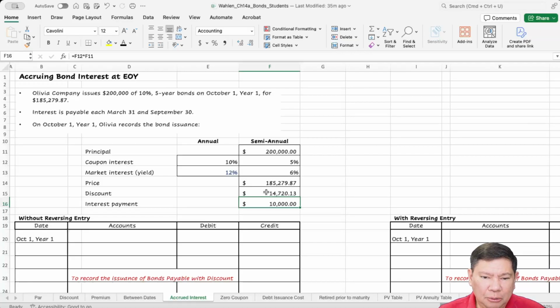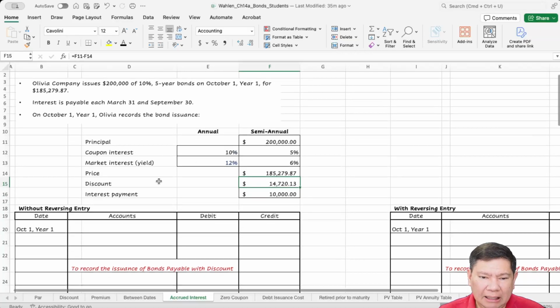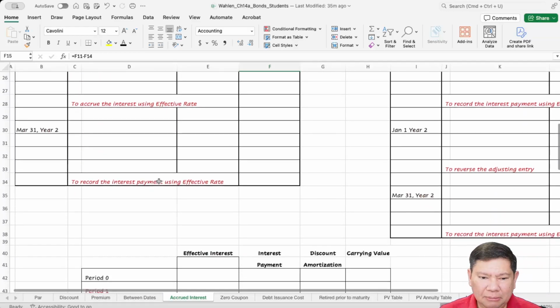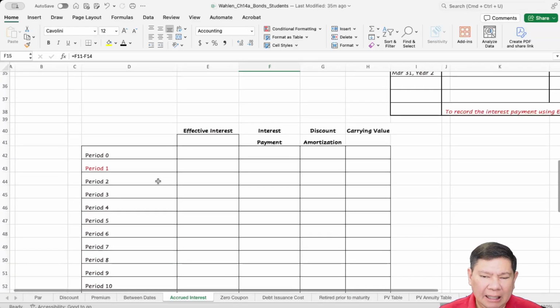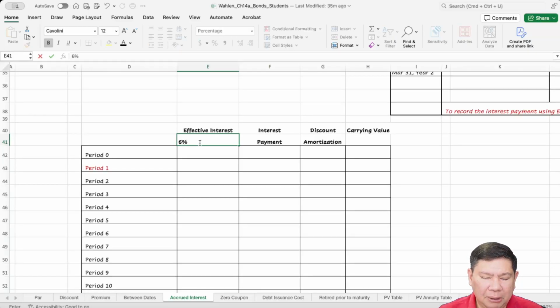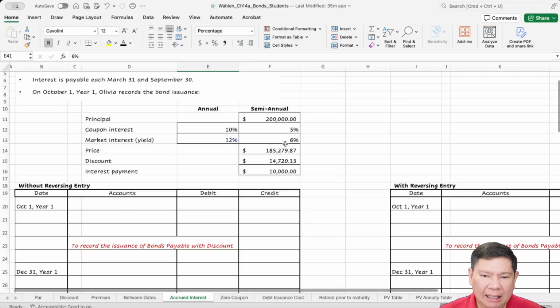Now there are two ways to amortize the discount. Let's do that first. The first one is using the effective interest, and we're going to use 6% because that's what the market rate is.